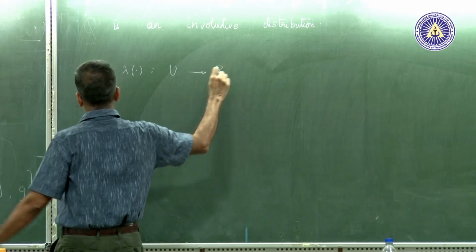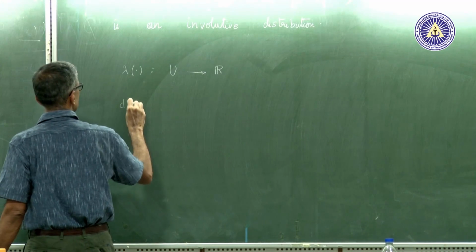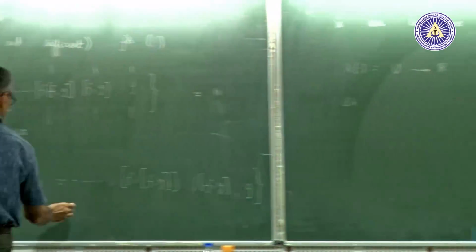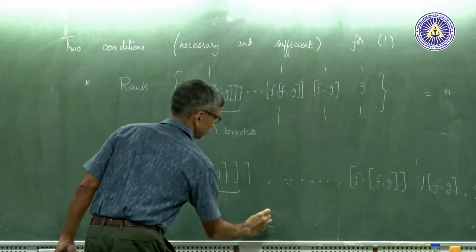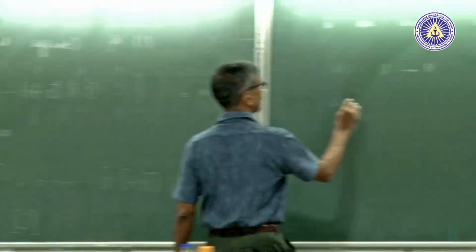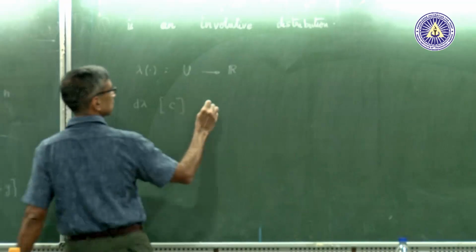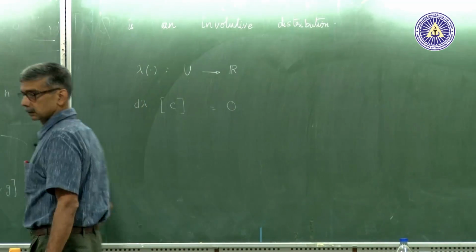This is your desired output that you want to find, such that let us call this whole matrix C. D lambda, this is now a row vector, equals 0.